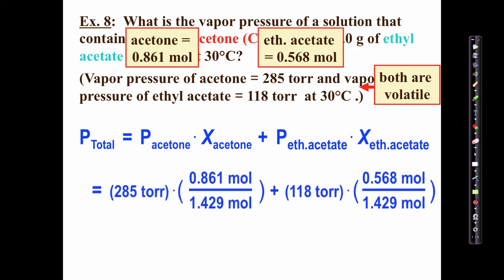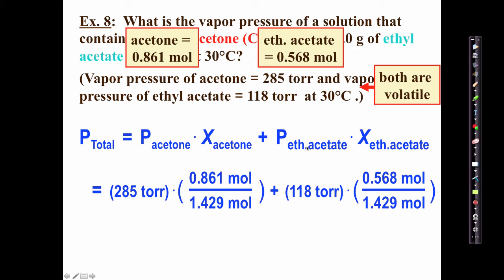And then when we plug into the equation, the vapor pressure of pure acetone at 30 degrees is 285 torr, given in the problem. The moles of acetone is 0.861, and the total moles is 0.861 plus 0.568, which adds up to 1.429 total moles, so that ratio is the mole fraction due to acetone.